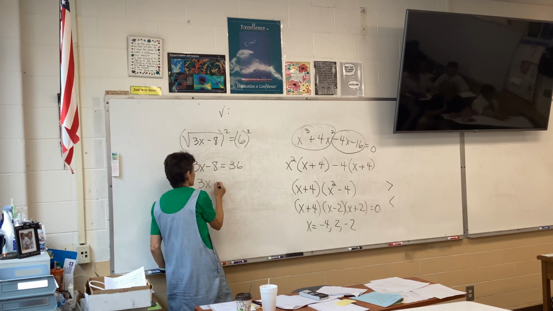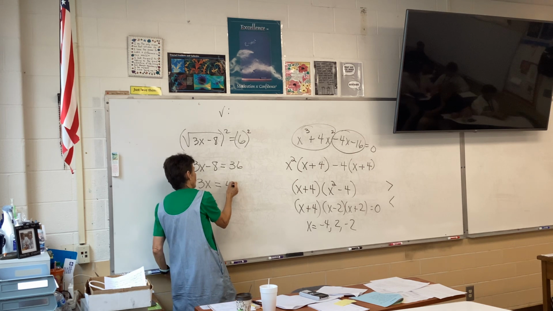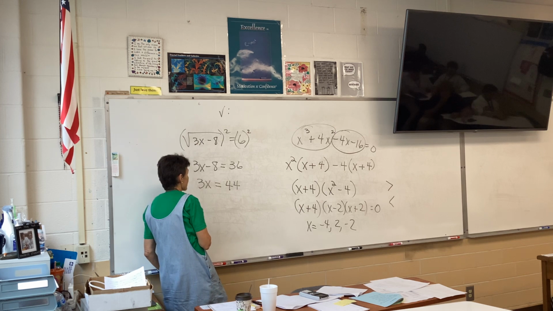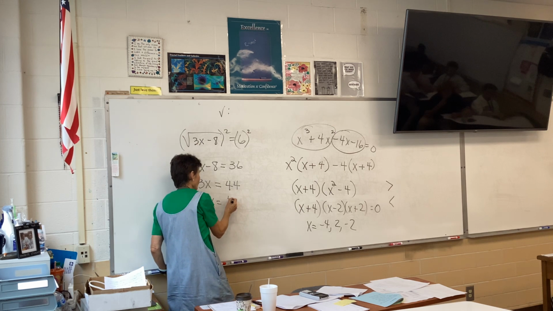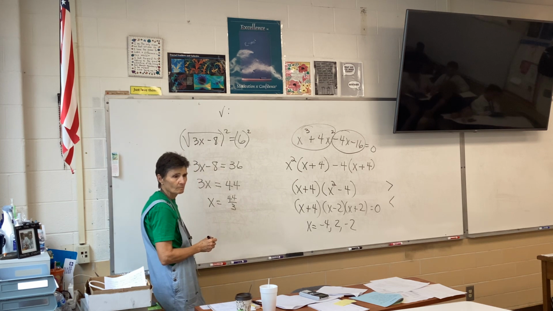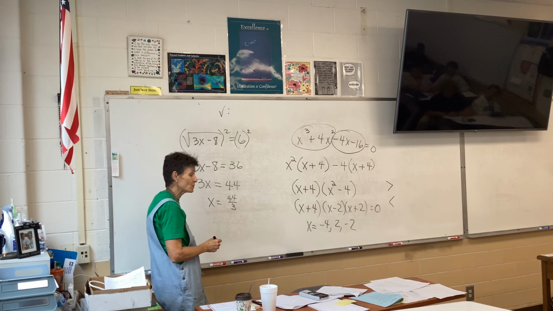So 3x equals, I add 8, gives me 44. So what is x equal? 44 thirds? You can tell this is a made-up Mrs. Ford problem. We got 44 thirds as our answer.